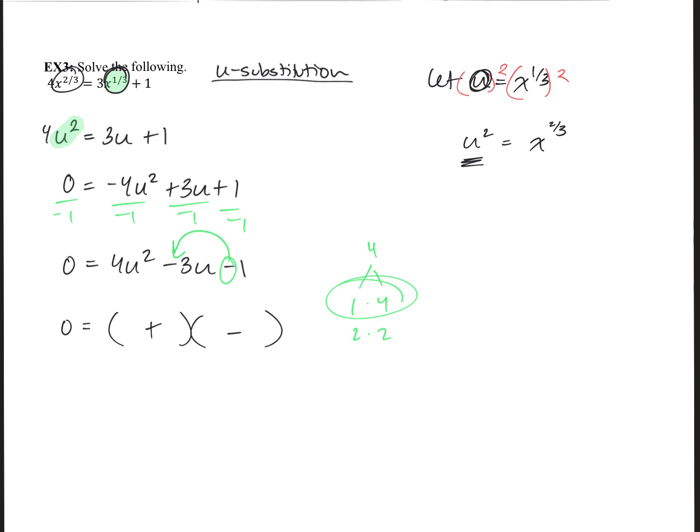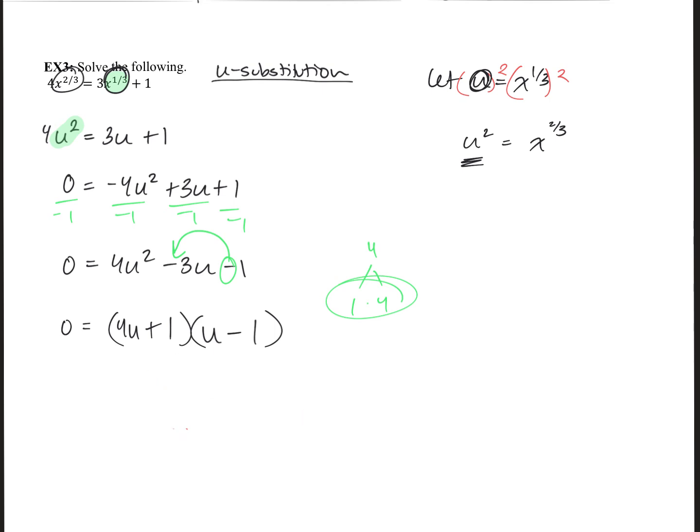And we'll do 4u plus 1 and u minus 1. Checking that out, we would get the negative 4u there and the positive 1u, which would give me the 3u. Awesome.